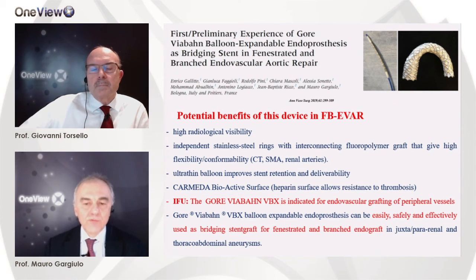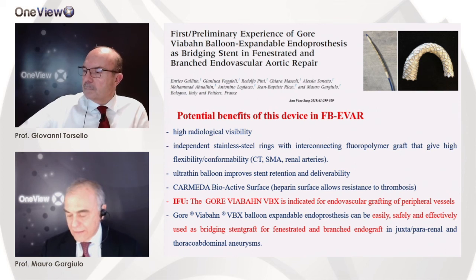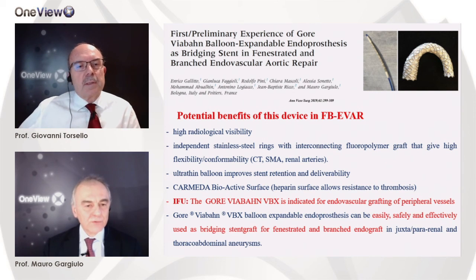It's correct that we have to wait for the long-term results, but if you look at the mid-term, postoperative and perioperative results, we think that in our daily clinical practice we can define this endograft as one that demonstrated safety and efficacy in this application in aortic disease. This is the case, Giovanni, that I want to share with you and hope to discuss.